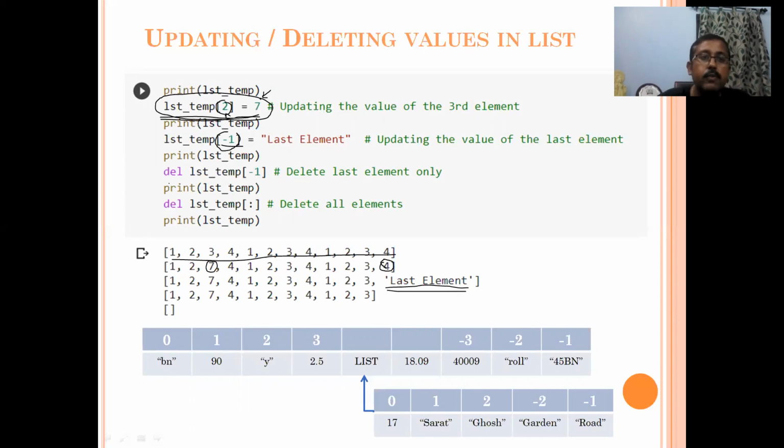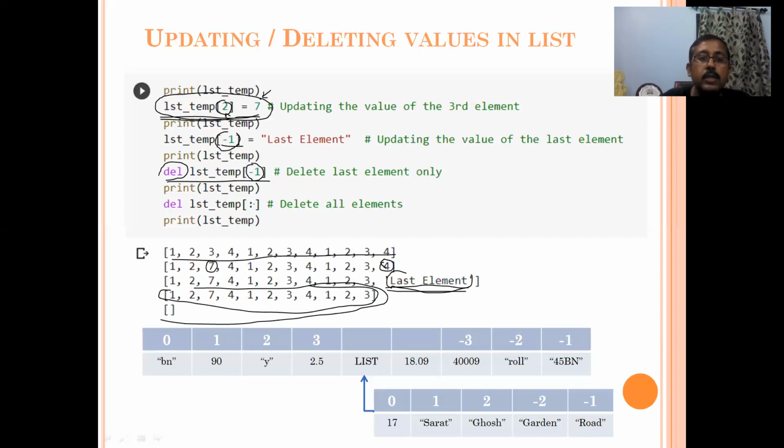Last but not the least, if you want to delete an element, how do you do that? Again, you mention the index of the element you want to delete and just use the del function. So you delete this element, and if you want to print it, you will see that the element has gotten deleted. Right? Sorry, not the whole thing, this thing.